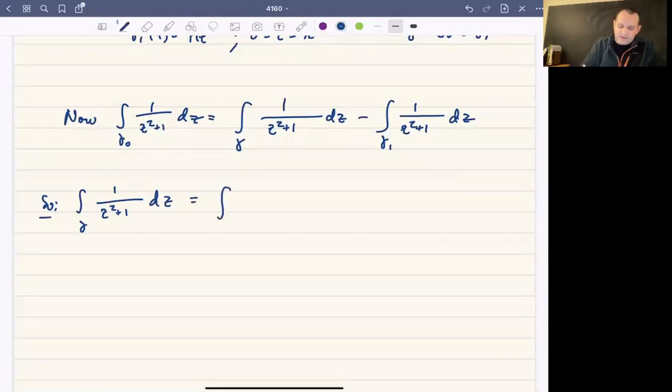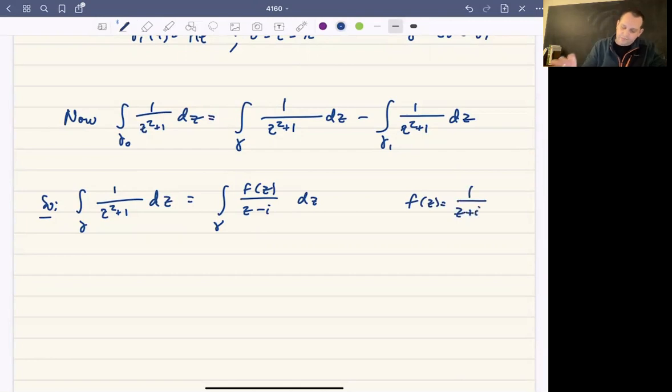We're factoring z squared plus 1 as z plus i times z minus i. Let me write this better. This is the integral of f of z over z minus i dz, where f of z is 1 over z plus i.